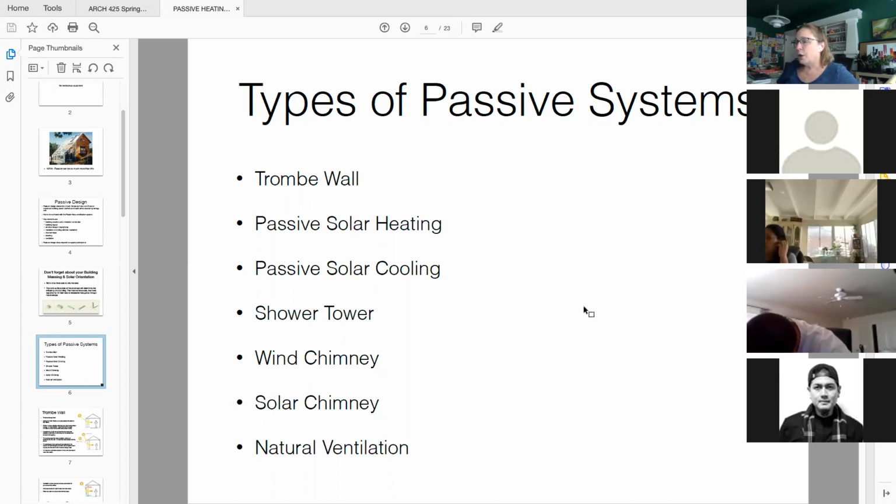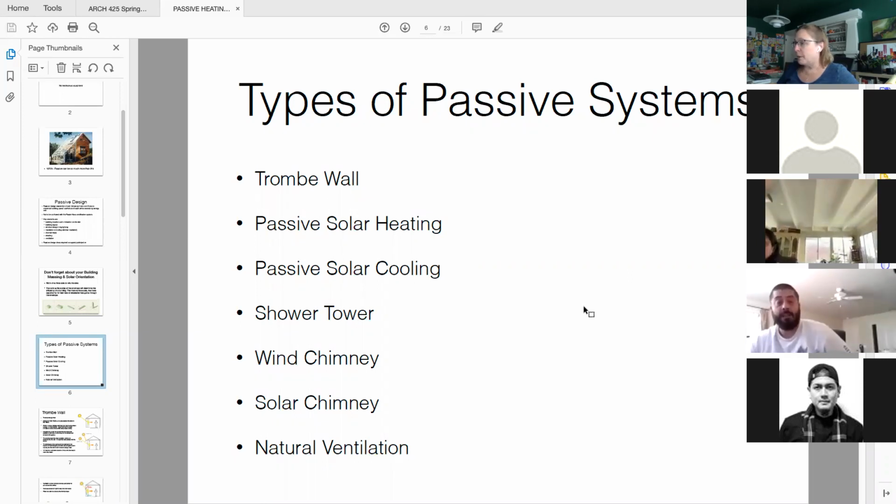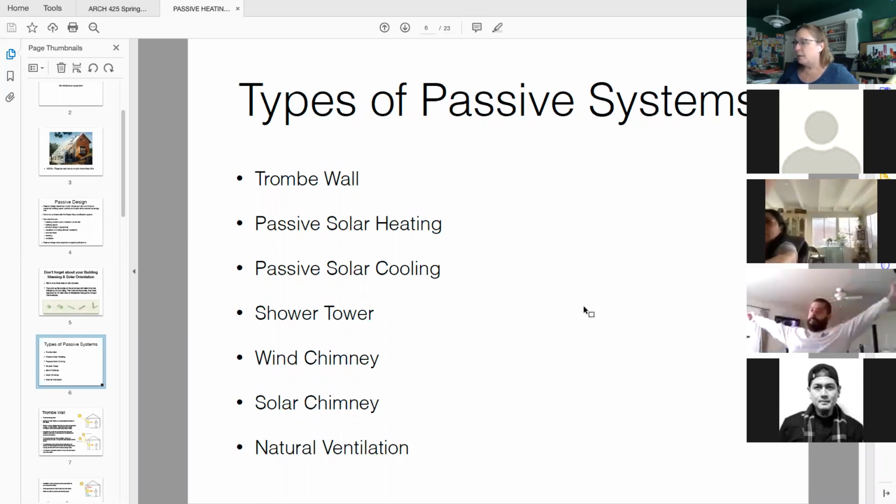Passive solar cooling is where you want to prevent heat coming into your space, and/or if it does, to allow it to get out efficiently and ideally without mechanical systems. Shower tower, that's a type of passive cooling. Wind chimney, solar chimney, natural ventilation. Those are all names for different approaches for natural ventilation, typically for cooling.